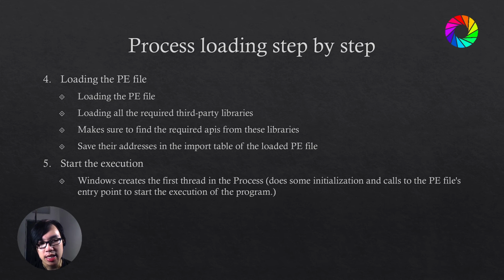Saving the address means saving the address of each API in the import table of the PE file, to make it easier for the PE file to know which API is at which address, so it can call them more easily.